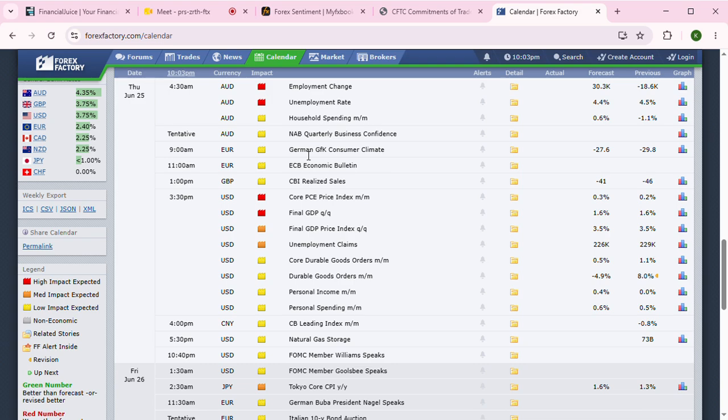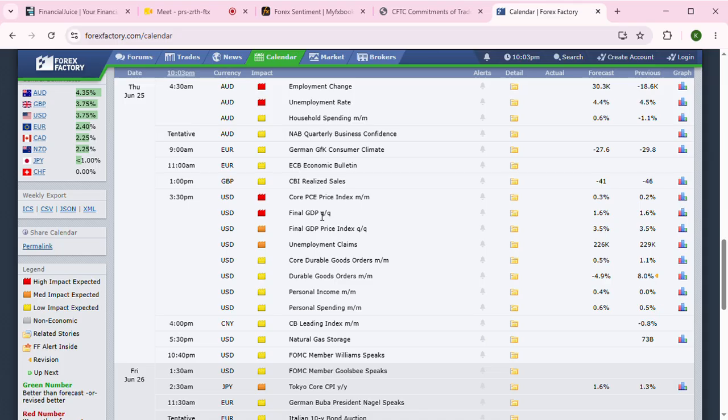Is month over month, and this one measures the percentage change in prices paid by consumers for goods and services, excluding.